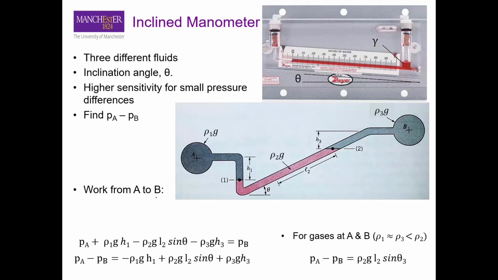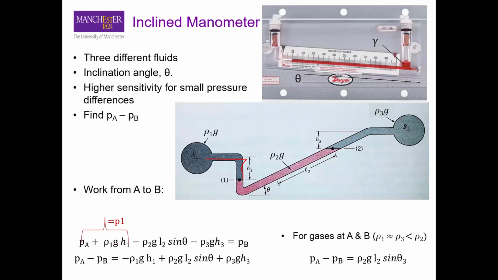So at point A, from point A to point 1, we have this pressure, and that is equal to Pa, the pressure in this vessel or in this pipe, plus the pressure due to hydrostatics due to this height h1, so that we can write Pa plus rho 1 g h1.